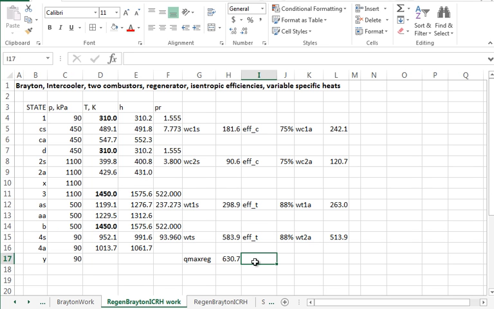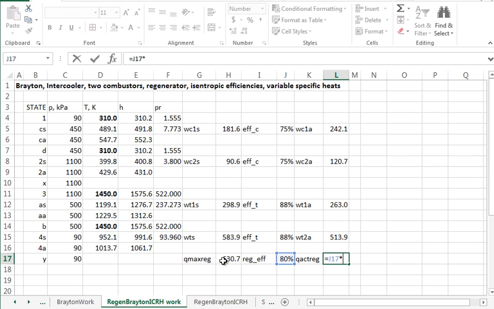But we have some regenerator effectiveness, which was for this problem 80%. Was it 80%? And so the Q actual in the regenerator isn't that many kilojoules per kilogram, but it's 80% of that. So that's the actual transfer.